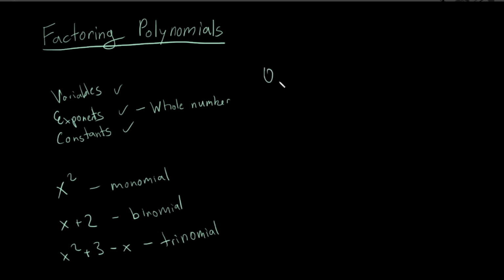So for example, 0, 1, 2, 3, and so on. Most of the time for factoring polynomials, or just polynomials at the grade 11 level, you'd mostly only see up to exponents of 2.